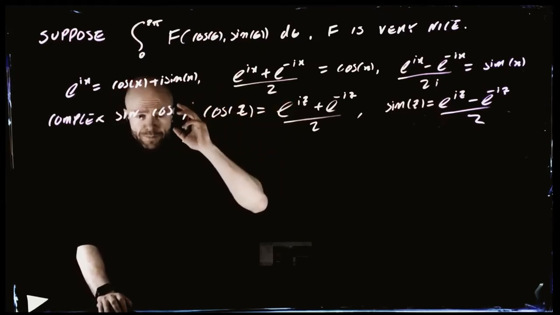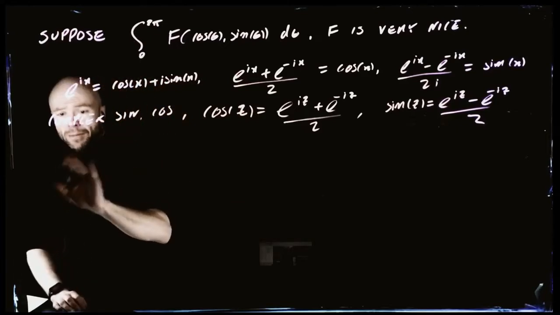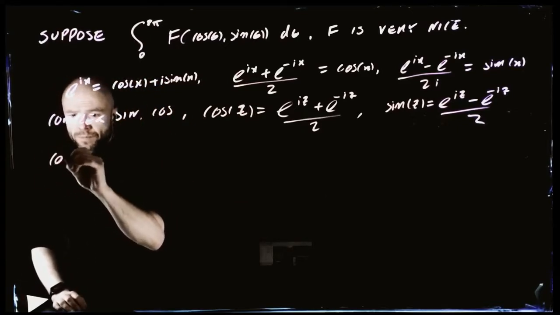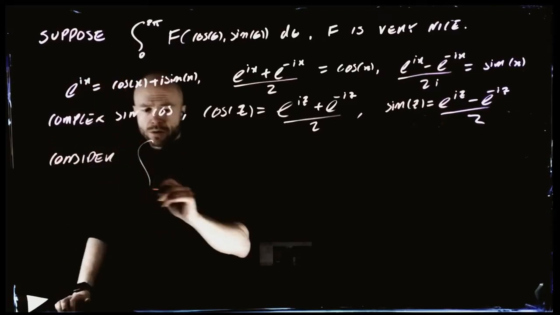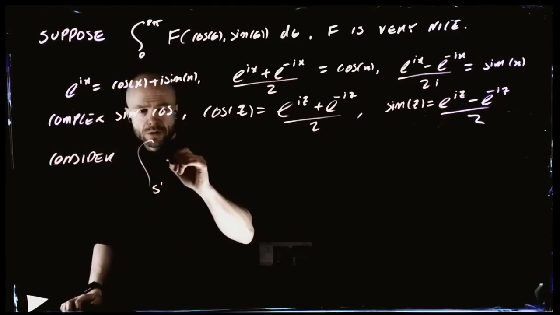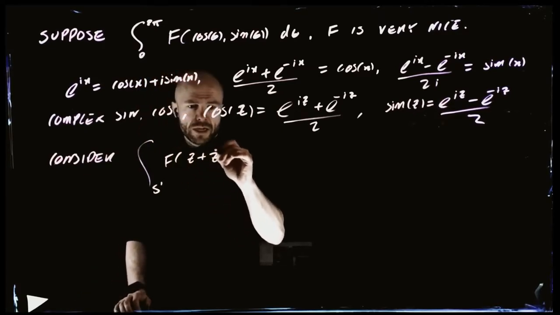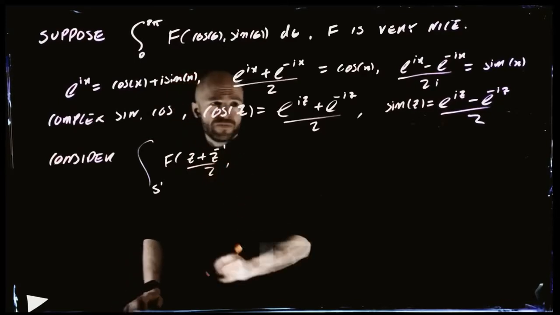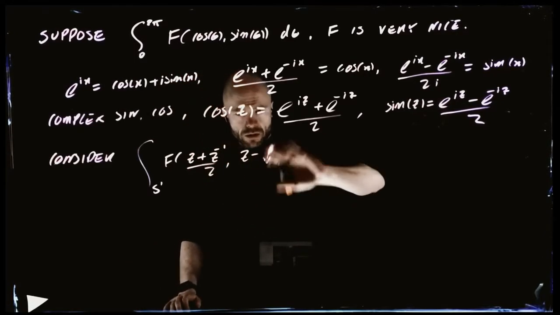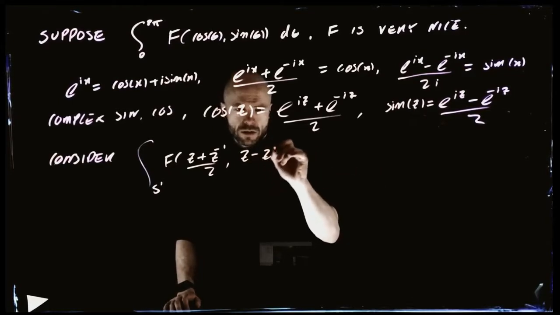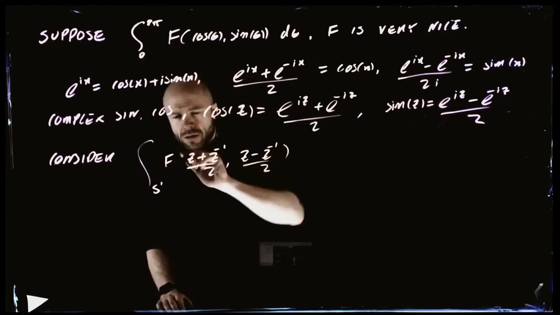And there's a trick here. So what we're going to do is consider the integral around the circle of f of z plus z to the minus 1 over 2 and z minus z to the minus 1 over 2 like this.